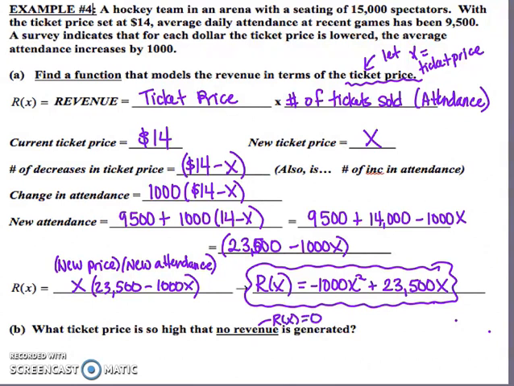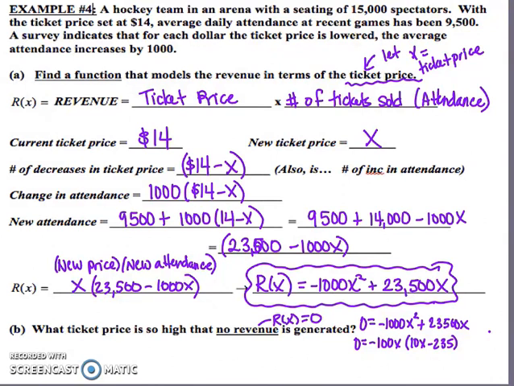So if we set our revenue function equal to 0 and we solve for X, we would have 0 equals negative 1,000x squared plus 23,500x. And if we were to factor out a GCF, we could take out a GCF of negative 100x. Then what we would have left would be 10x minus 235.